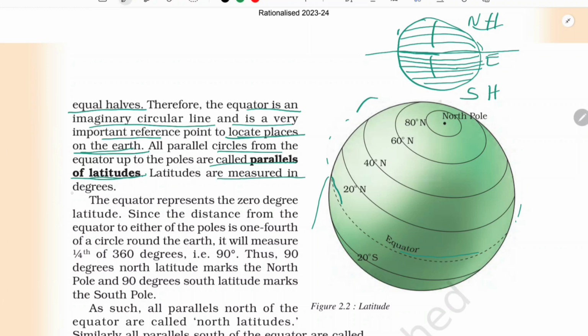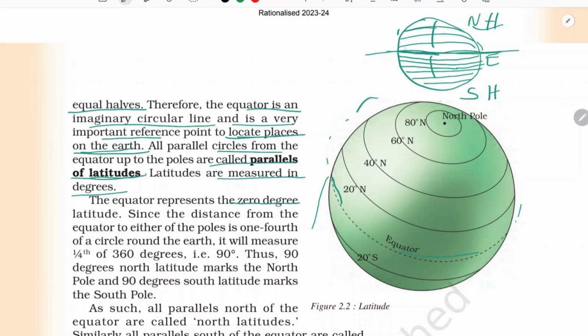Latitudes are measured in degrees, and the equator represents 0 degrees. This circular line over here is also circular. You can see only the front side; in a 3D image, the same line will be on the back side also.